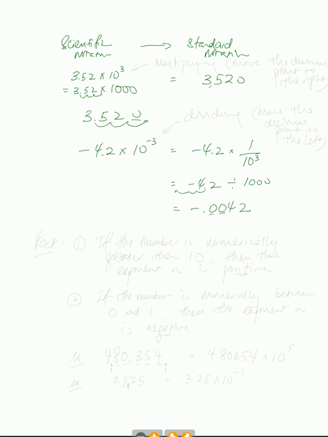You fill the 2 places with 0, and that is the answer in standard notation. When you see a negative exponent, you think of dividing, so you move the decimal point to the left. When the exponent is positive, you think of multiplying by a power of 10, so you move the decimal point to the right.